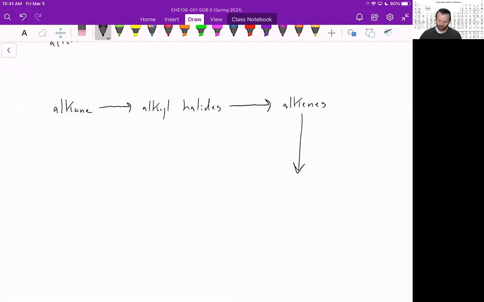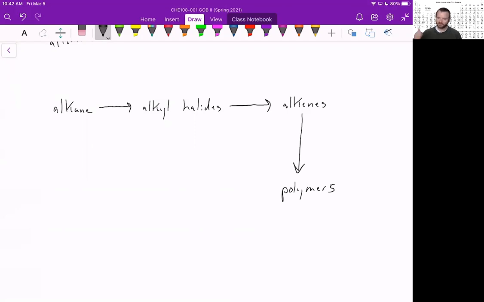And alkenes you can convert to polymers, as discussed in our earlier video. So even if you have a stockpile of alkanes that you don't want to just burn, you can convert it into polymer. That's a general process of how you could do it. So that's why this reaction matters.